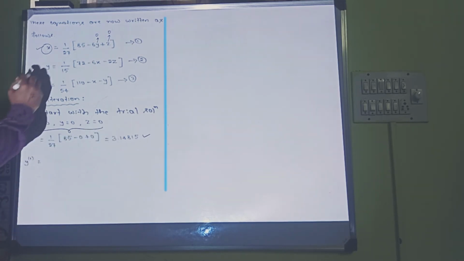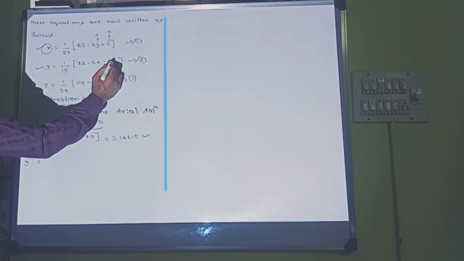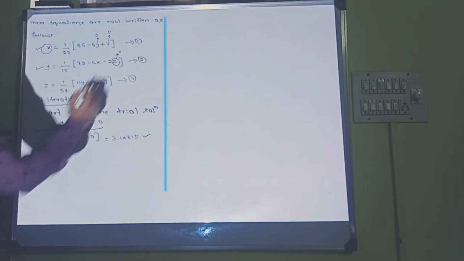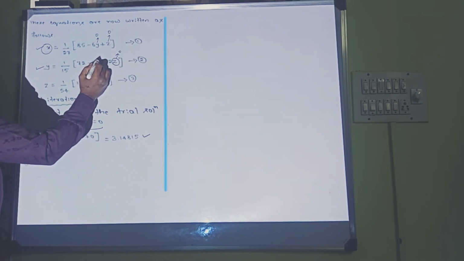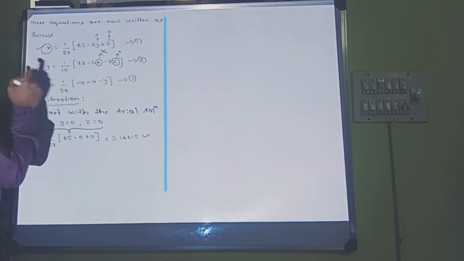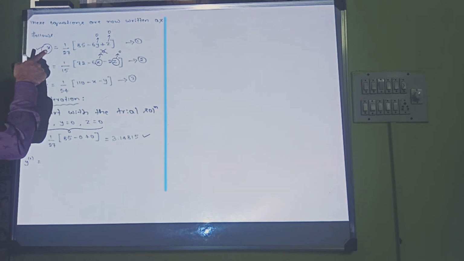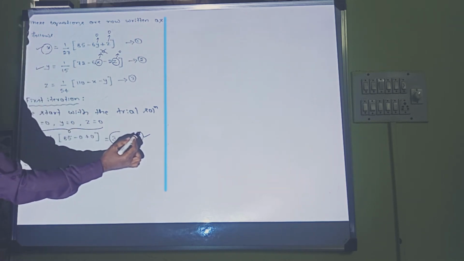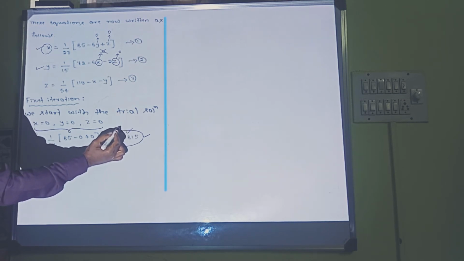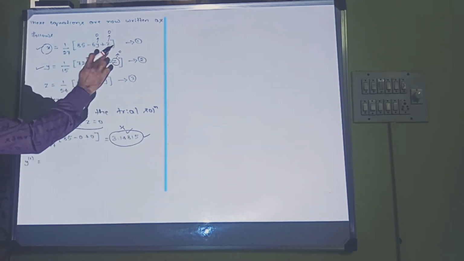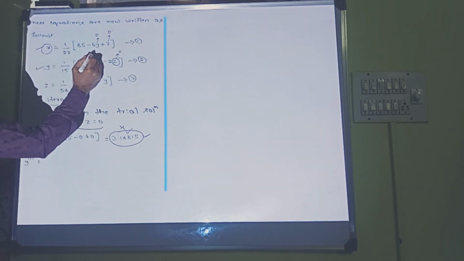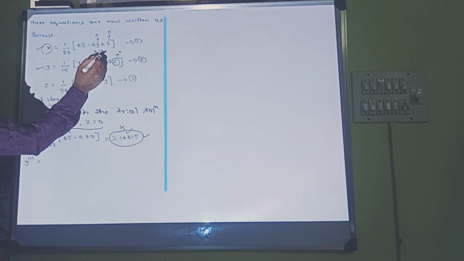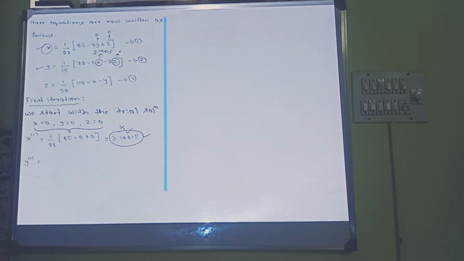Then now let us go for y. When you go for y, the value of z is 0, but the value of x will not be 0, because just now we have improved our value of x, which is this. We will take this new value, 3.14815, in the place of x here.